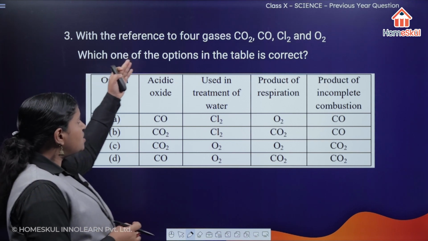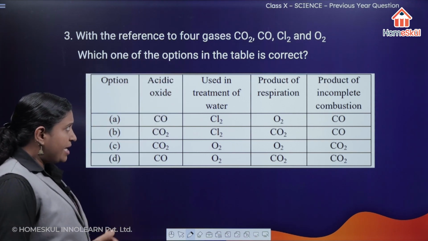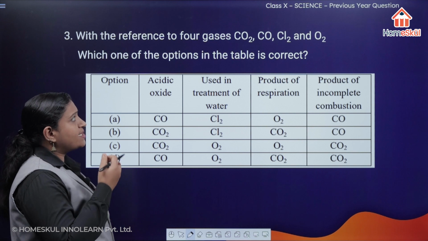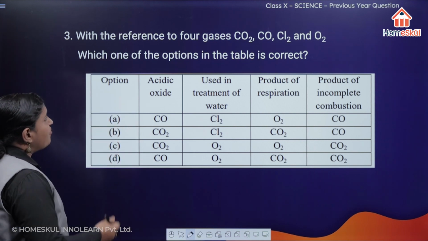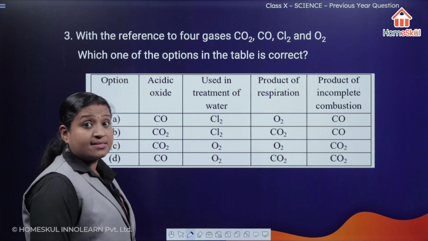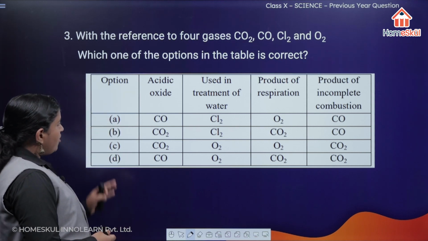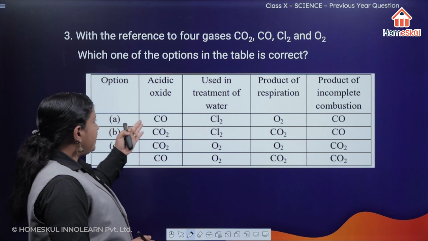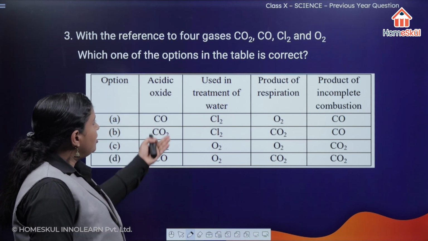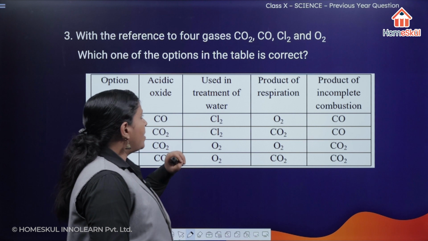With reference to 4 gases, carbon dioxide, carbon monoxide, chlorine and oxygen, which one of the options in the table is correct? So, 4 options are given here. Option A, acidic oxide is carbon monoxide. Used in the treatment of water is chlorine.